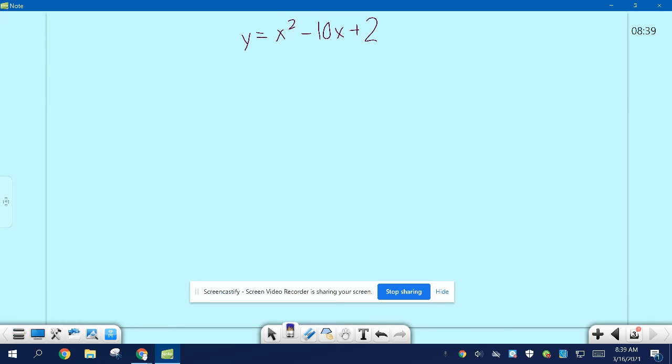All right, question 3, same process. This one just asks for the vertex form, so I'm going to move the 2. I'm going to find the magic number by taking -10, and I'm going to cut it in half and get -5, and then I'm going to square it and get +25. That's the magic number. Let's add it to both sides.